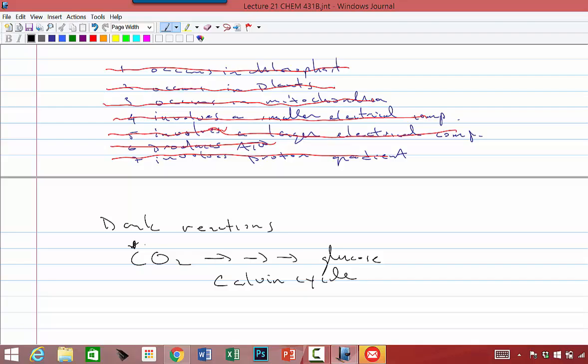However, some of this glyceraldehyde 3-phosphate comes back and creates this acceptor molecule called ribulose 5-phosphate. That's 5 carbons again. And then this ribulose 5-phosphate gets another phosphate from ATP, and you make this ribulose 1,5-bisphosphate.